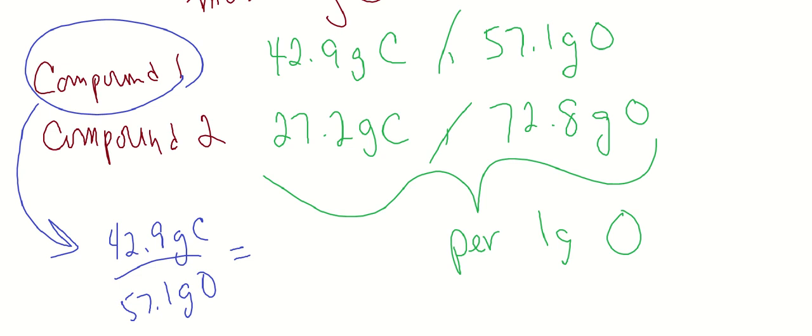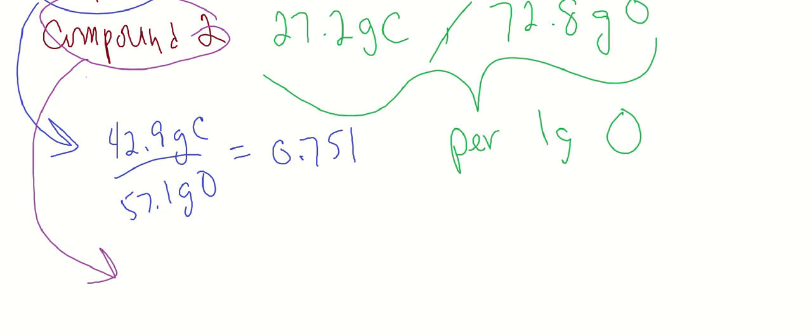You know what? I'm not getting my calculator. I'll just use my phone. 42.9 divided by 57.1. All right, let's write this number down. It's going to be the same number we saw in a previous similar problem we did, 0.751. Okay, and then let's do compound 2 down here.